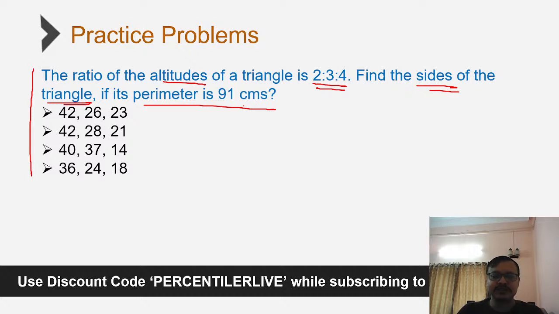So how do we do this? The ratio of the altitudes is given. You need to find out the sides of the triangle.